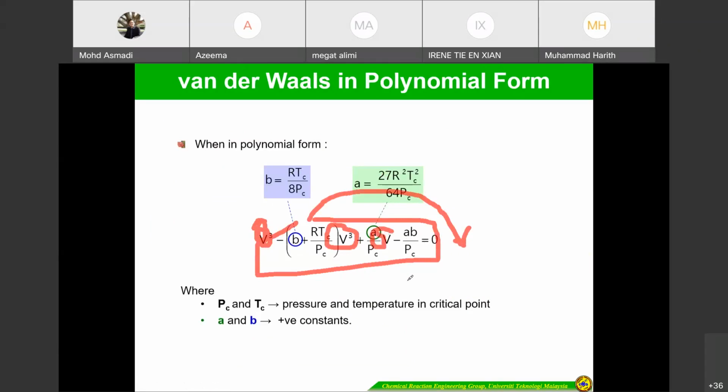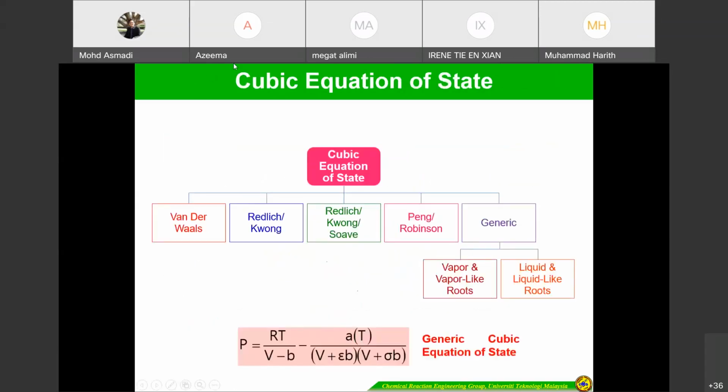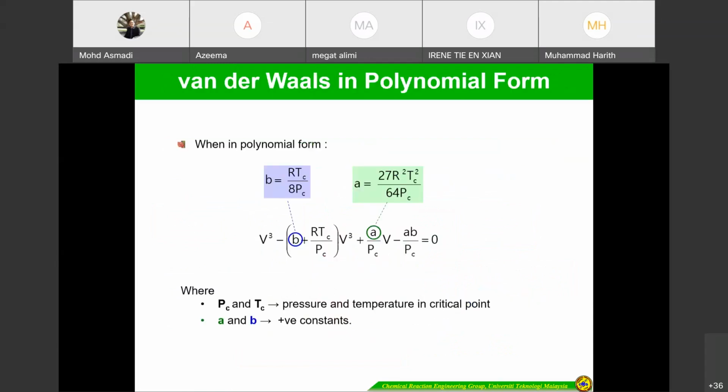So the method is to use the iteration process to get the final volume. But I don't like to use this kind of equation. I like to use the generic equation, this one. You just do the iteration for Z, and then you substitute into PV equals ZRT, and then you can get the answer for pressure and volume. Okay, understand?